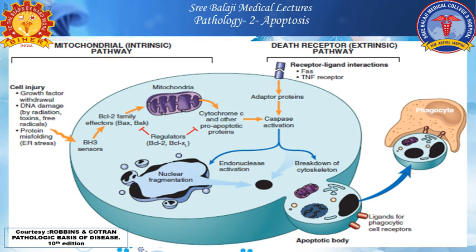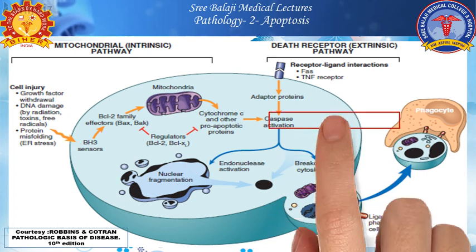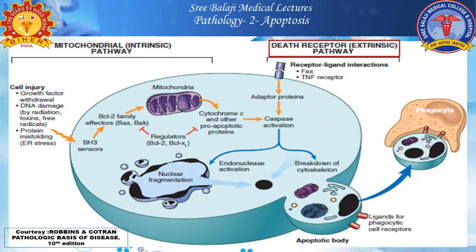Coming to the next pathway, the death receptor or extrinsic pathway. This usually happens in the T lymphocytes. So whenever any ligand binds the cytotoxic T lymphocytes, receptors like FAS and tumor necrosis factor receptor, the moment any virus or toxin binds these cells, straight away with the help of adapter proteins, there is no mitochondria involved, caspases are activated.